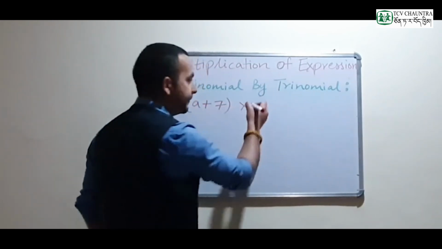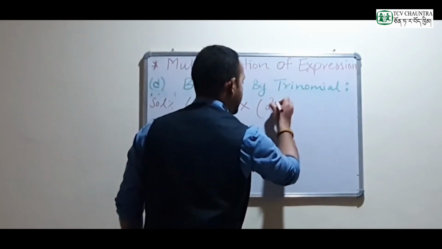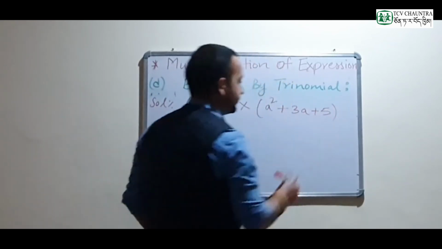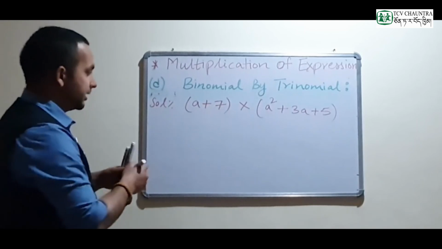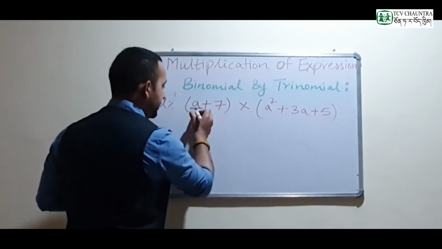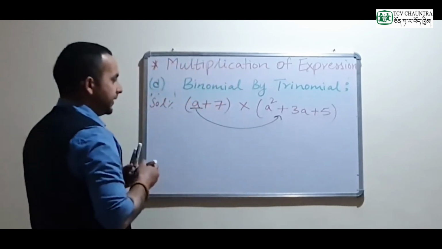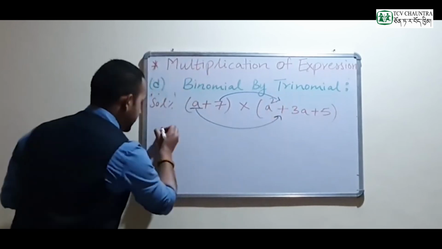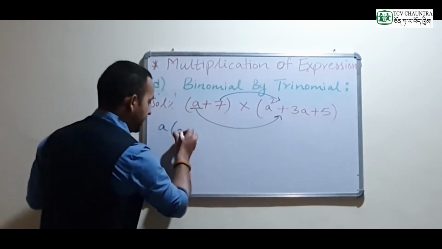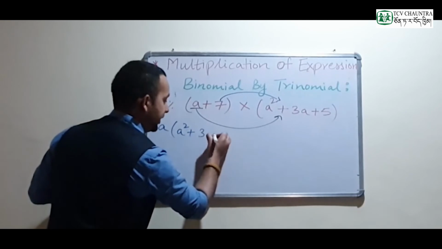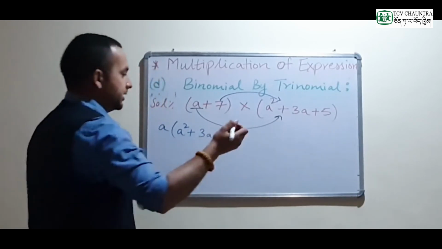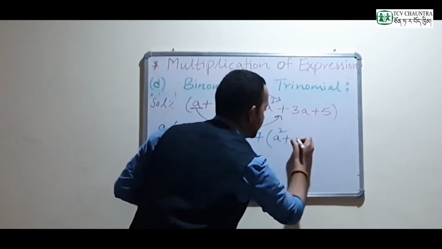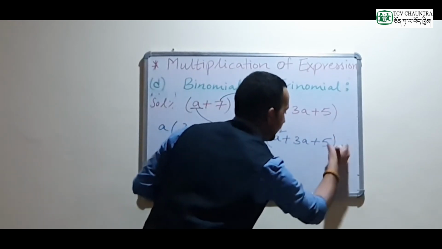Multiply, and the trinomial is a square plus 3a plus 5. First of all, a will multiply with all of these, and then secondly 7 will multiply with all of these. So first of all, a will multiply a square plus 3a plus 5, plus 7 multiplied by a square plus 3a plus 5.